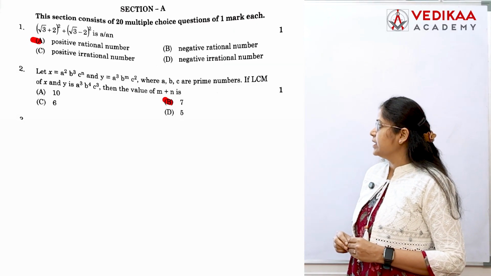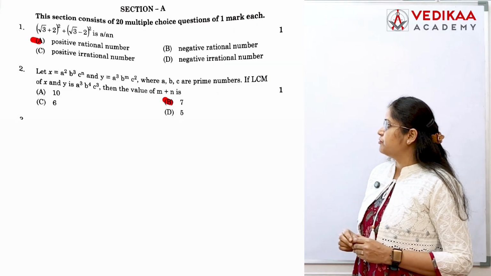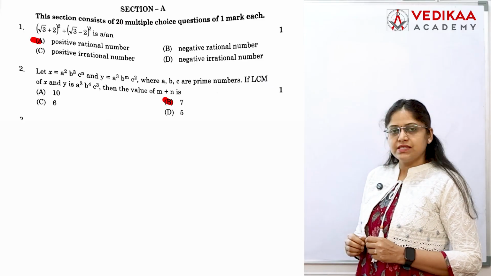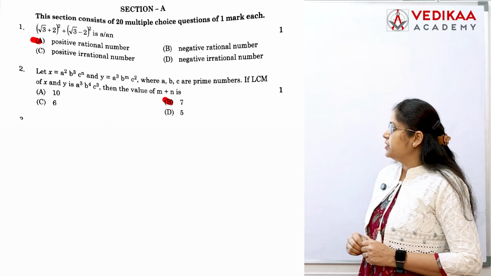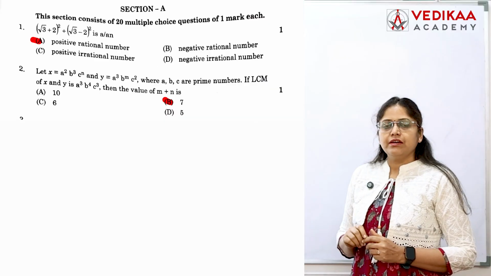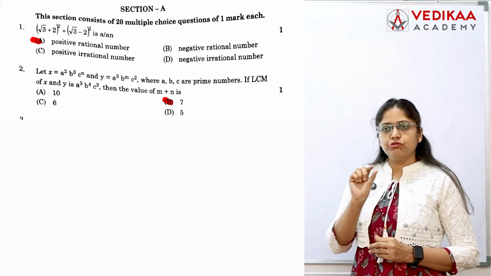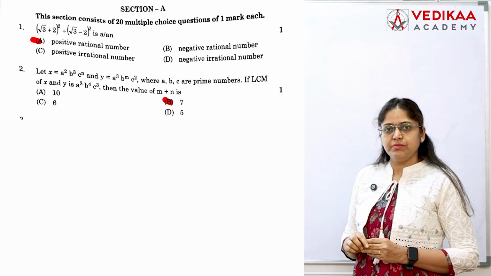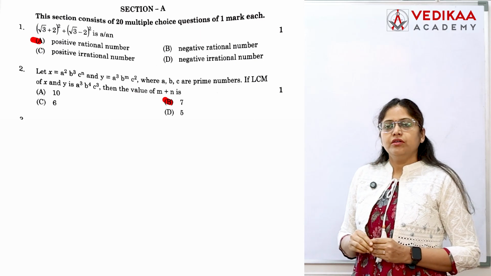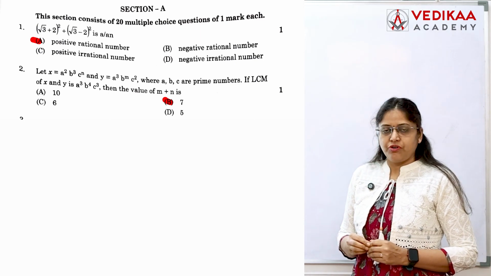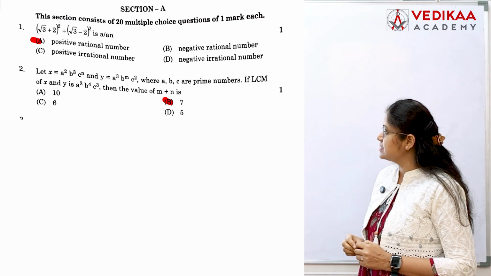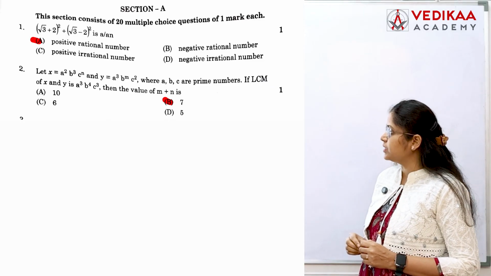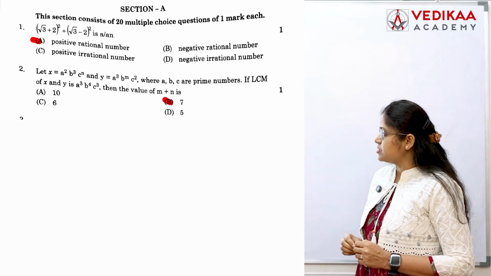Question number 2, x and y are given to you in the form of a, b, c and the LCM is given to you. So we know that while calculating the LCM, we take out the different variables, that is a, b, c, and we put the highest power of each. So here we can see that in the LCM, a cube is there, which is the highest power.